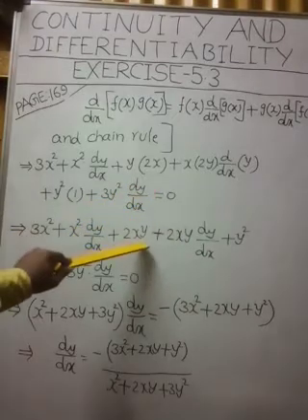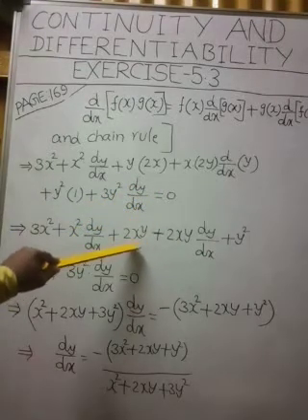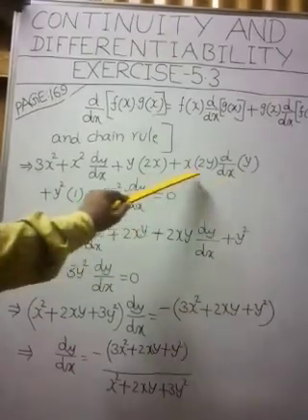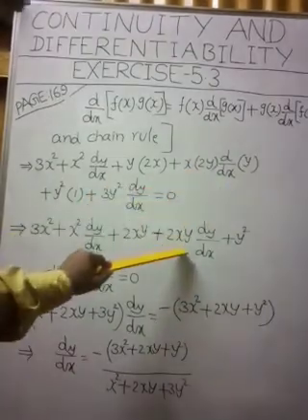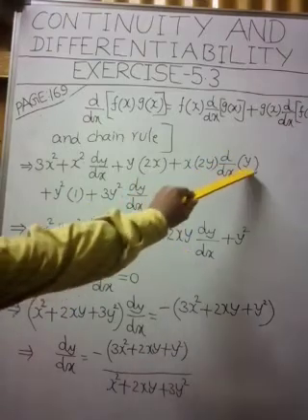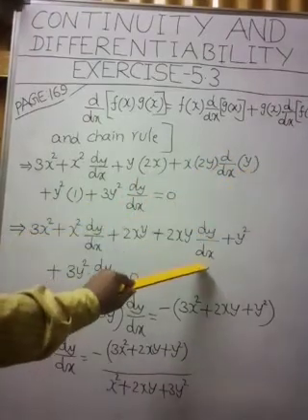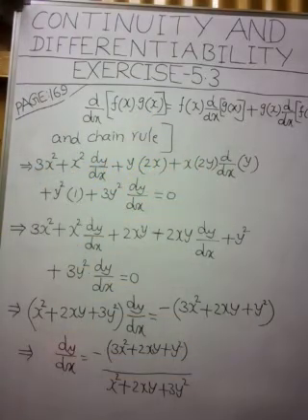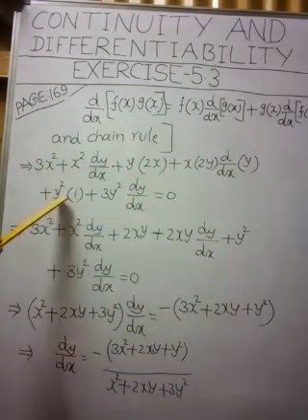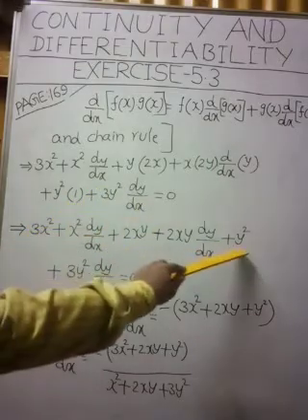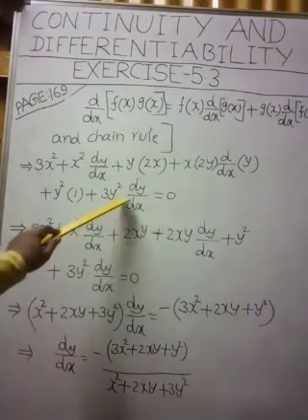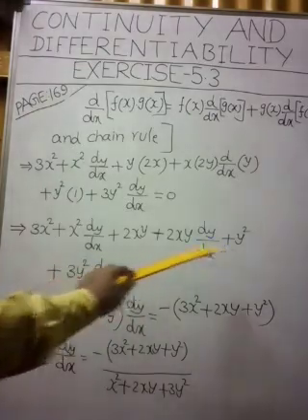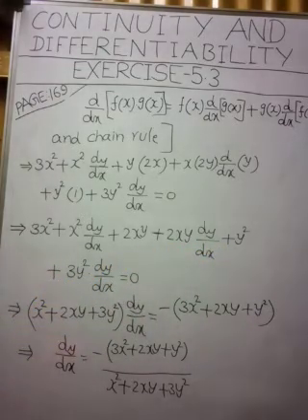We can write this term as 2xy. Okay, my dear children? Plus how do you write this term? 2xy into d by dx of y, which means dy by dx. Previously we wrote that formula, d by dx of y means dy by dx, plus y square into 1. What will you get here? Y square, plus 3y square into dy by dx is equal to 0. Understood all these terms in LHS, my dear children?